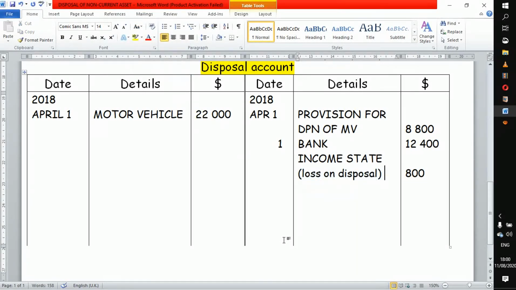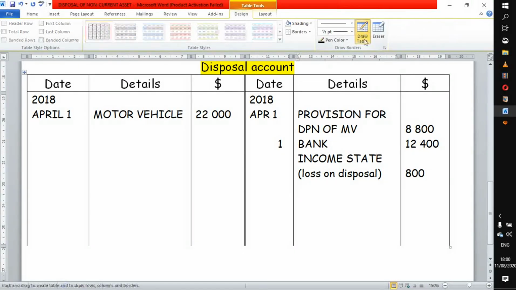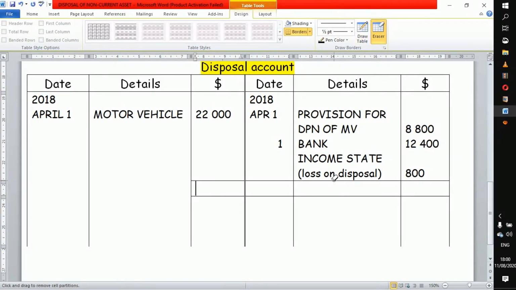This is a loss on disposal. It is an expense when we go to the income statement. This is recorded under expenses. So once you get there, the next step is then to totalize your account like that.